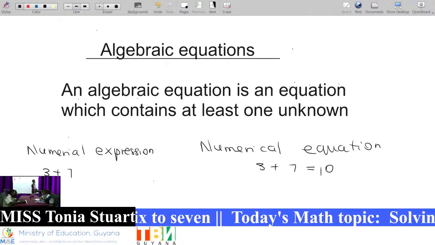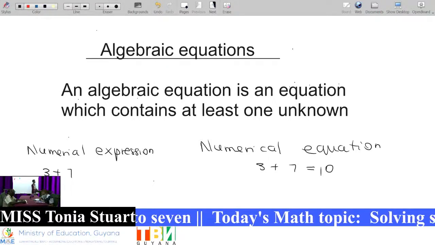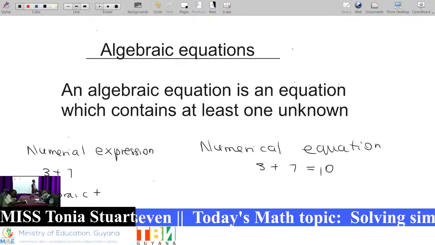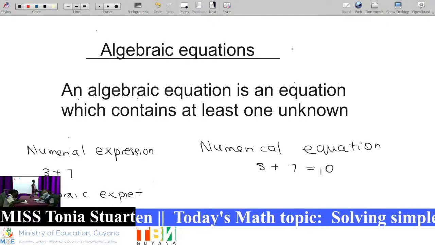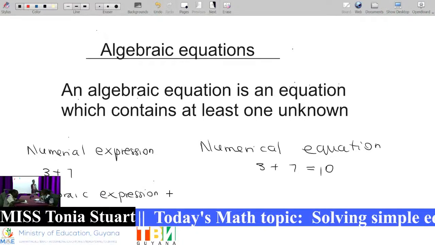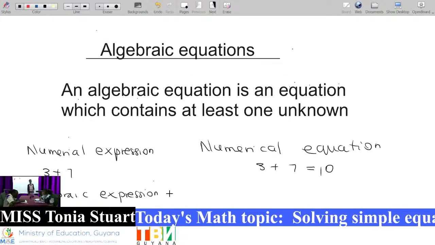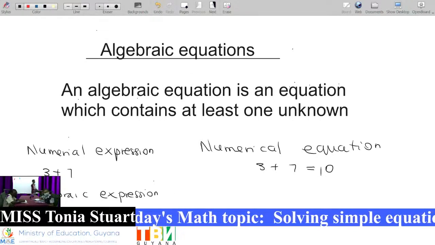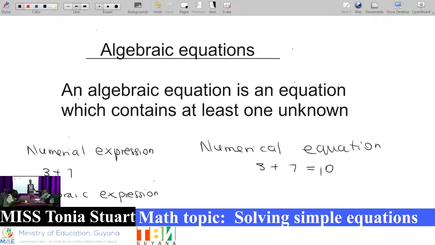And likewise, if I have an algebraic expression, I'll introduce a variable, x plus 7. That's an algebraic expression.